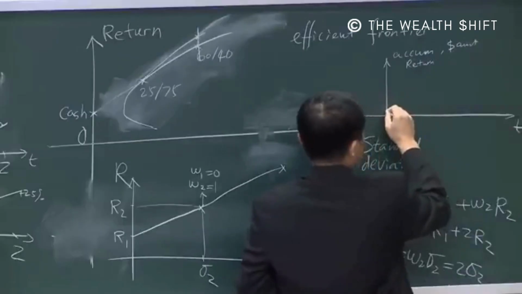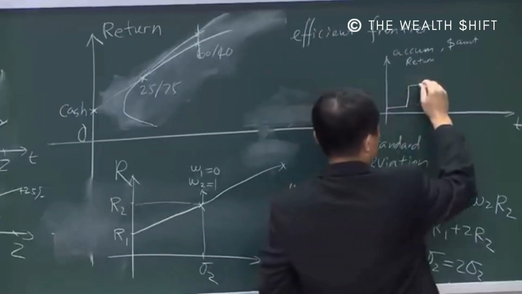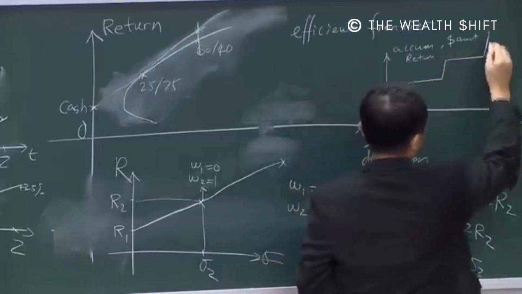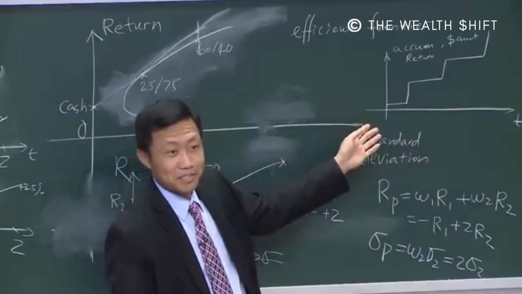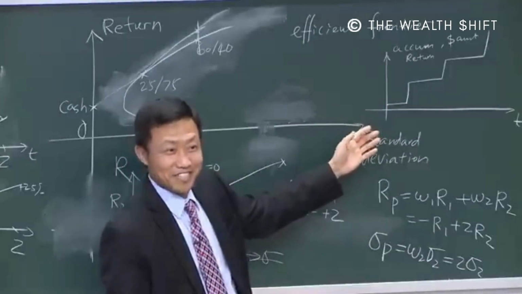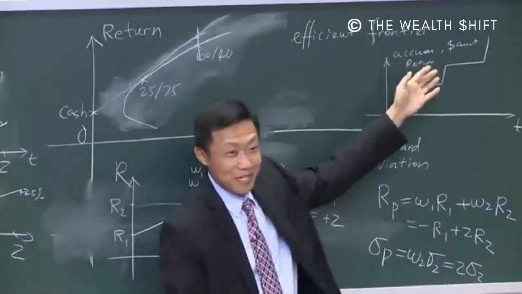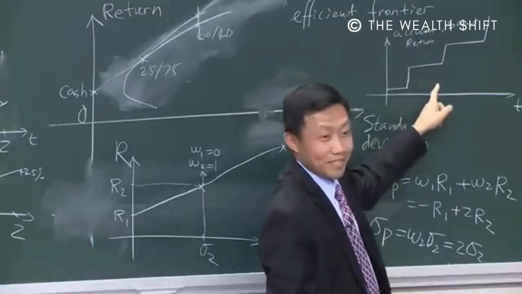So you start from here. If you go flat, then does anyone like to have this kind of performance? Right? Of course. This is very nice. You keep going up. You never go down. But what's the volatility of that?